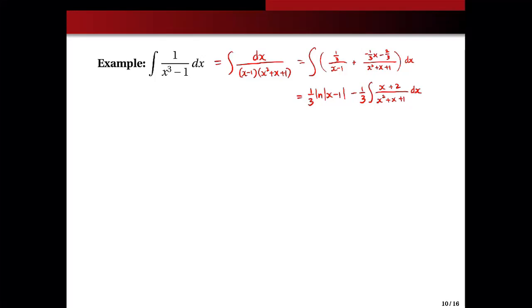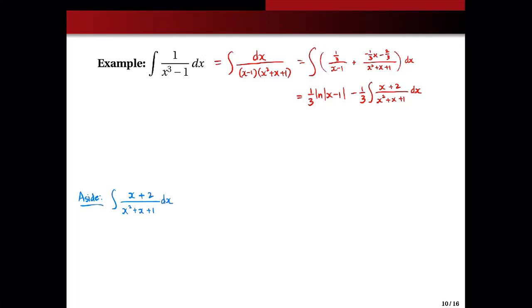And then you integrate this guy here. Let us integrate this. Let's separate the solution for that. So you want to integrate (x + 2) over (x squared plus x plus 1) dx.